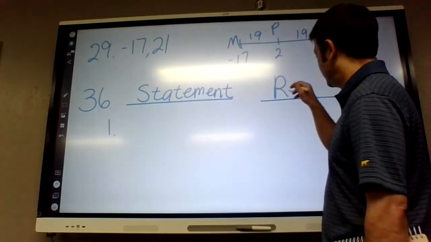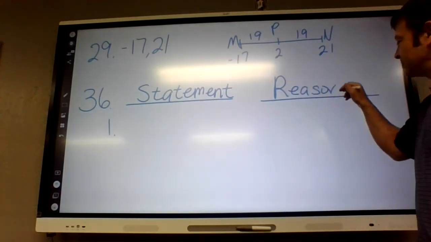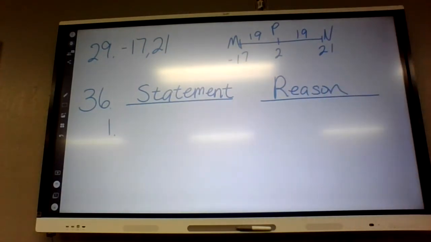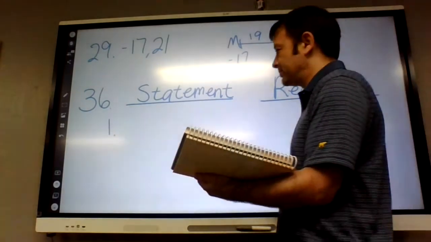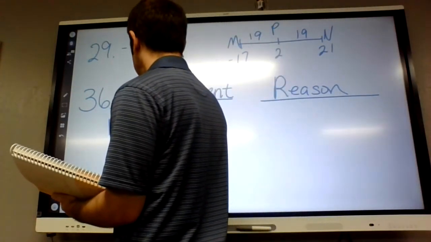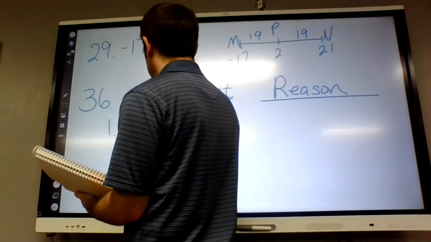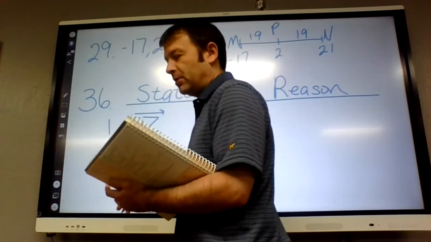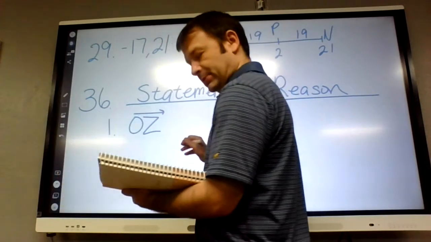Every statement has to have a reason. First line is always the given. Wait, are we doing 30 to 36? Or what are we doing? We are jumping to 36.